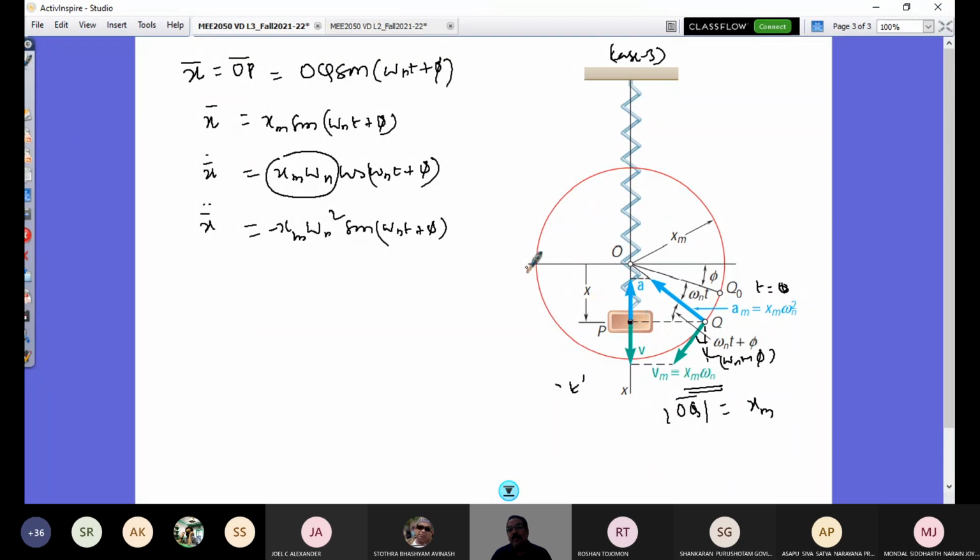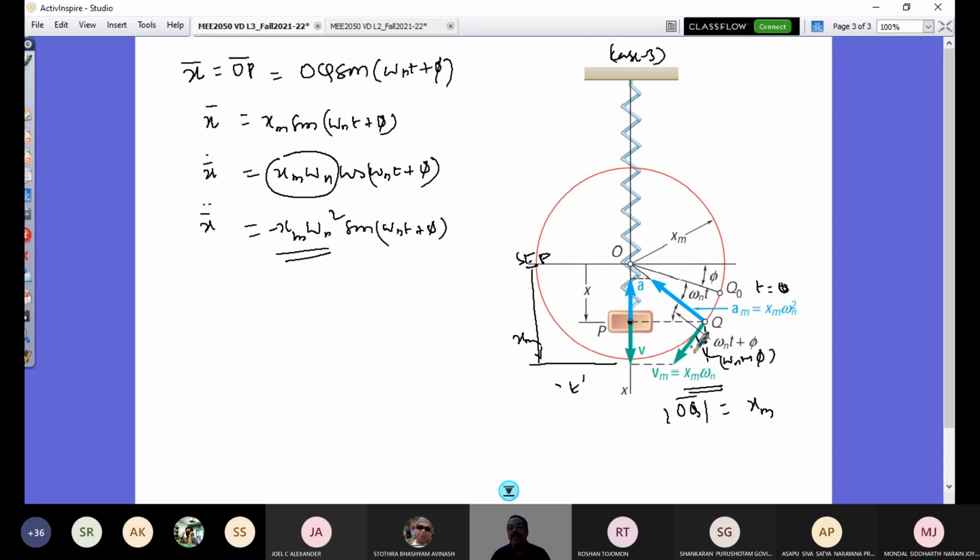So from the static equilibrium position, it is going to its maximum displacement xm in the way. So this is the direction of velocity. And what is directed along this OQ radial line is the centripetal acceleration, or in this case the acceleration of this simple harmonic motion, that is xm omega n squared.